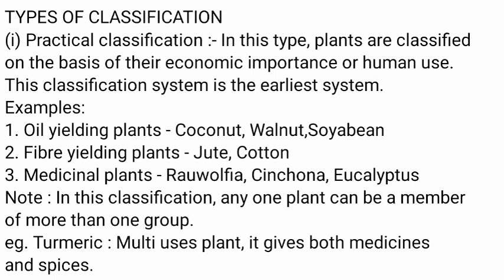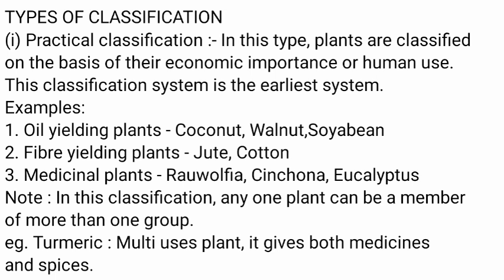In this type, plants are classified on the basis of their economic importance or human use. This classification system is the earliest classification system. Example, oil yielding plants: coconut, walnut, soybean. Fiber yielding plants: jute, cotton.